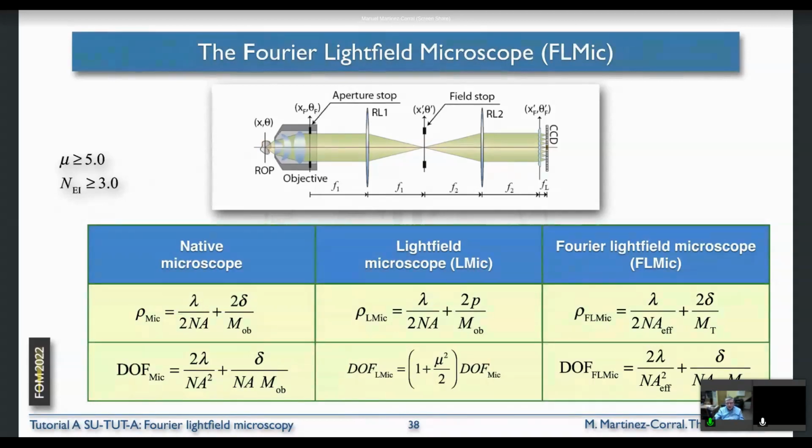And here the only condition is that mu should be bigger than 5. The microlens pitch must be at least 5 times bigger than the Airy disk, the point spread function over the microlens array. And these are the formulas I showed you before for the Fourier Lightfield microscope.